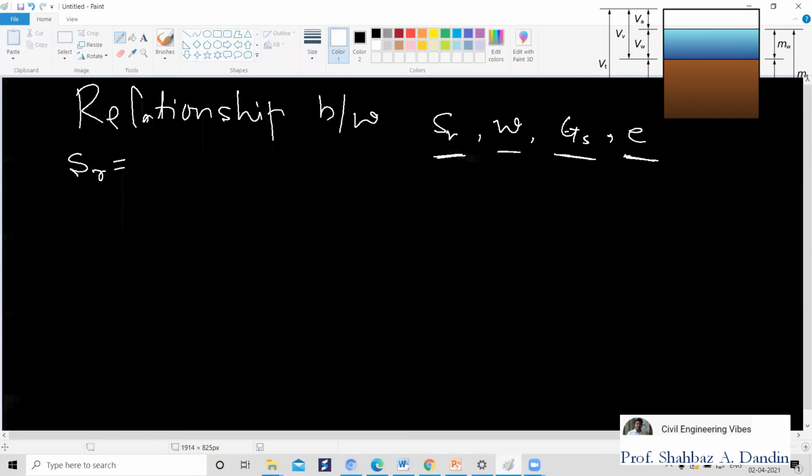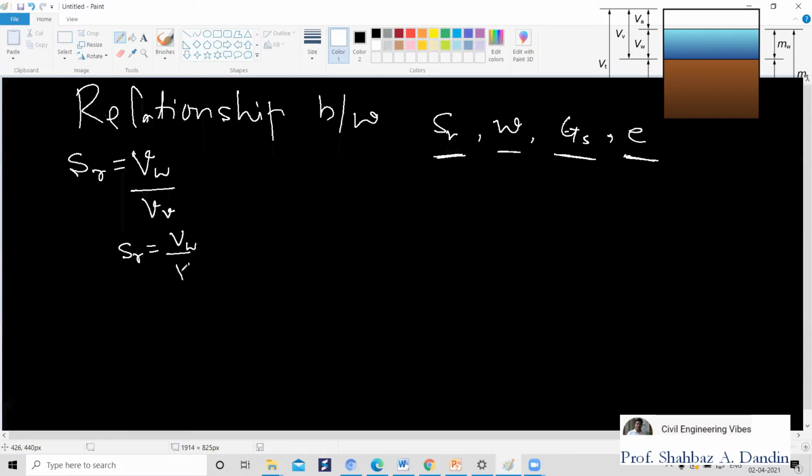Now volume of voids is equal to e. You saw this in the previous relationship, where you named volume of voids as e. So degree of saturation is equal to VW divided by e VS.